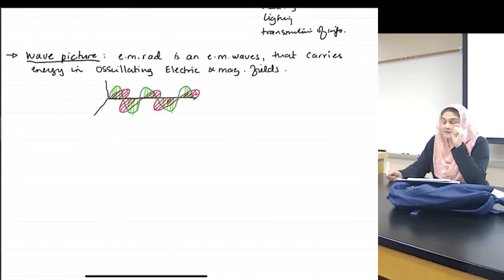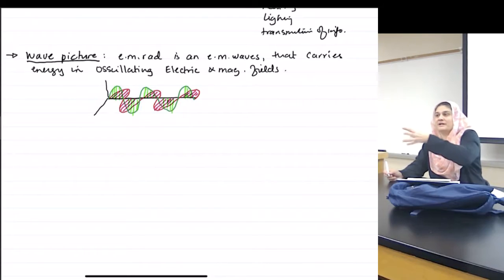So when I look at the wave picture of light, it carries energy within oscillating electric and magnetic fields as the wave propagates forward.